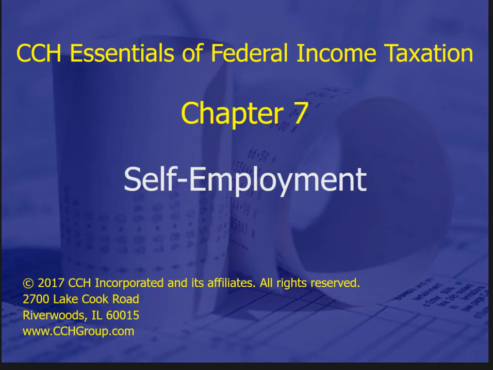We talked a little bit about that and the difference between a business and a hobby in our last learning module. But this is specifically in Chapter 7 about those business activities and how that affects the personal return of the owner of the business. So that's what we're looking at.